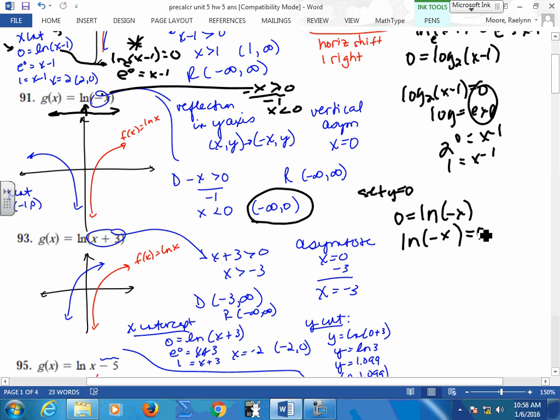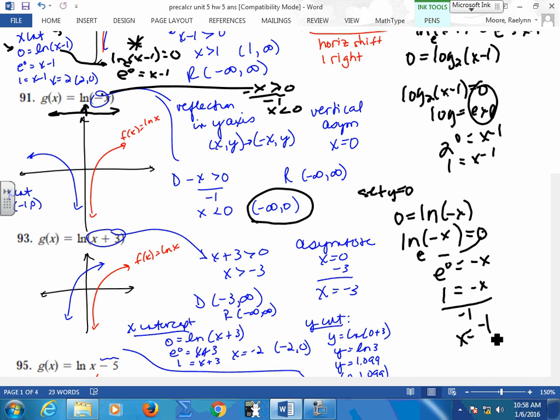What's the base of an ln? e. Good. e to the 0 equals negative x. Anything to the 0 is 1. And how do I solve for x? Just divide by negative 1. Oh, didn't we find that when we did the reflection? That your intercept is now negative 1, 0. Right?